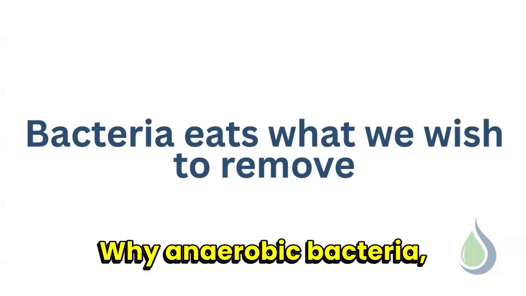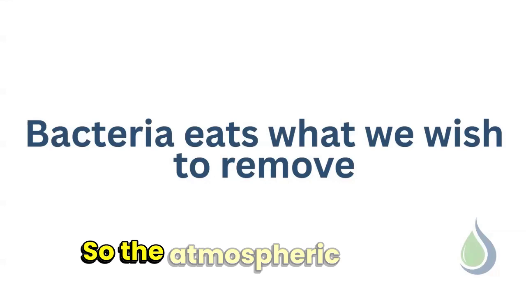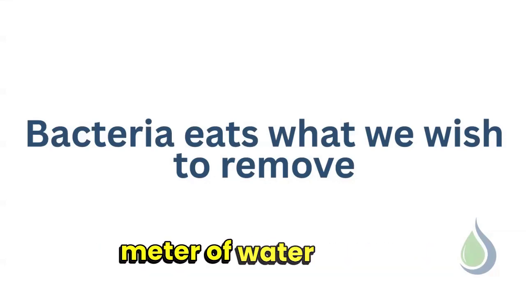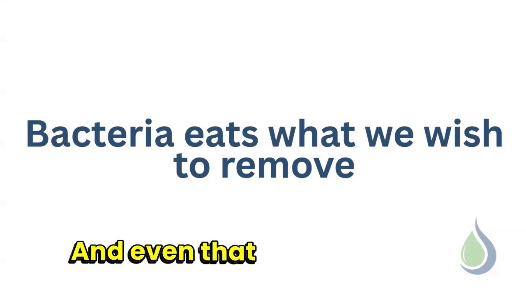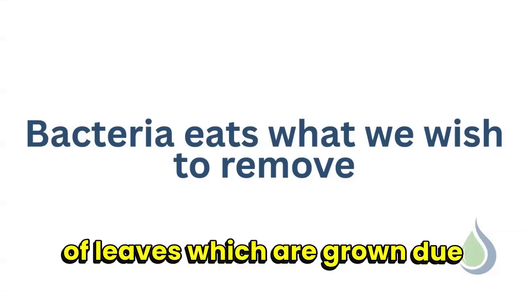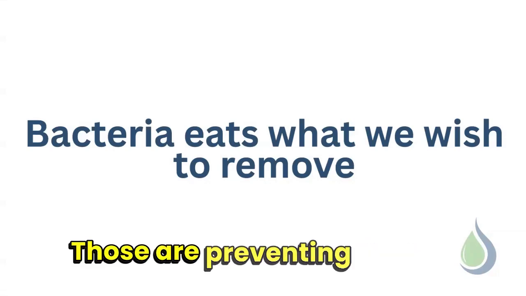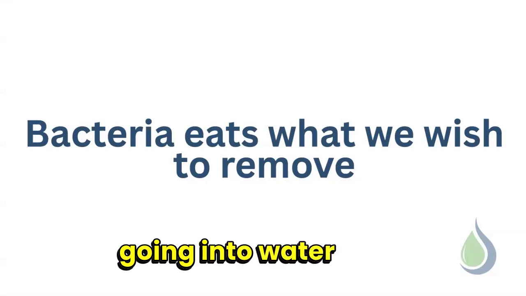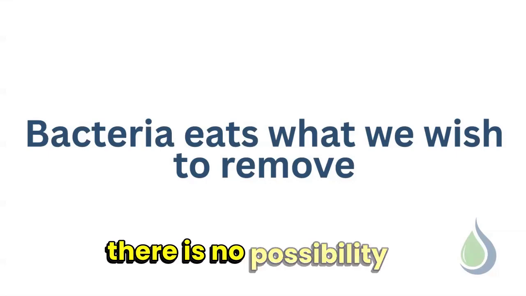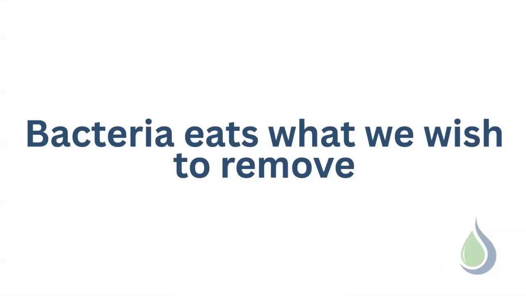Why anaerobic bacteria? You might ask, oxygen is there in the atmosphere. So the atmospheric oxygen could be available maybe up to half a meter, 1 meter of water depth. And even that, some of that is prevented because we have a lot of leaves which grow due to excess quantity of nitrogen and phosphate in water. Those are preventing oxygen going into water. If the lake is deeper than 1 meter, there is no possibility of water getting oxygen from the atmosphere.